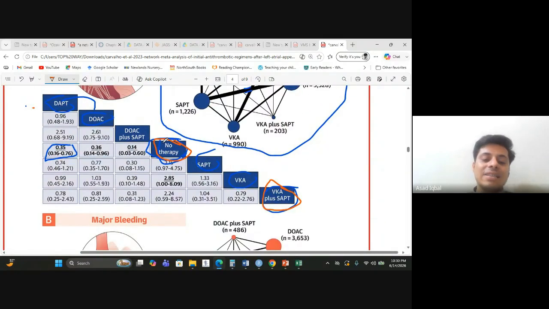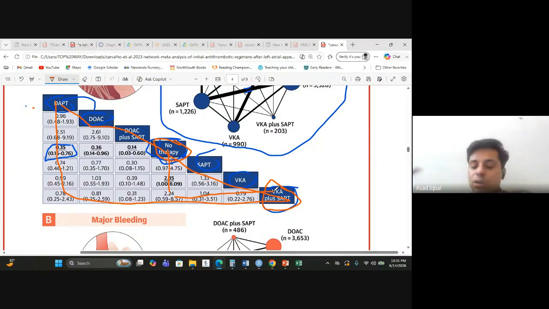So now if I ask you people, what will be the odds ratio of no therapy versus VKA plus single antiplatelet therapy? Remember, this is the lower triangle. The lower triangle reports both estimates, so you will do column versus the row.